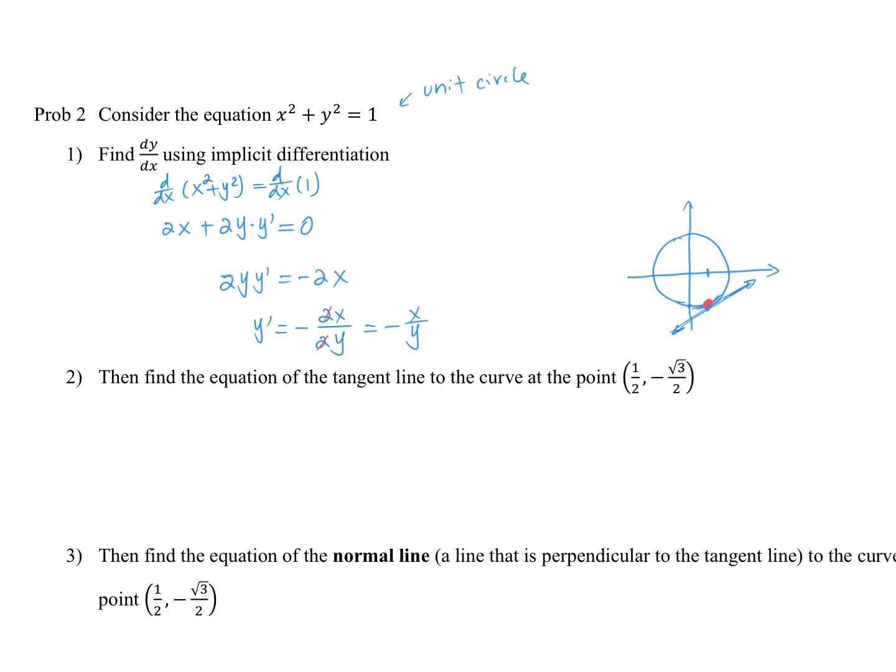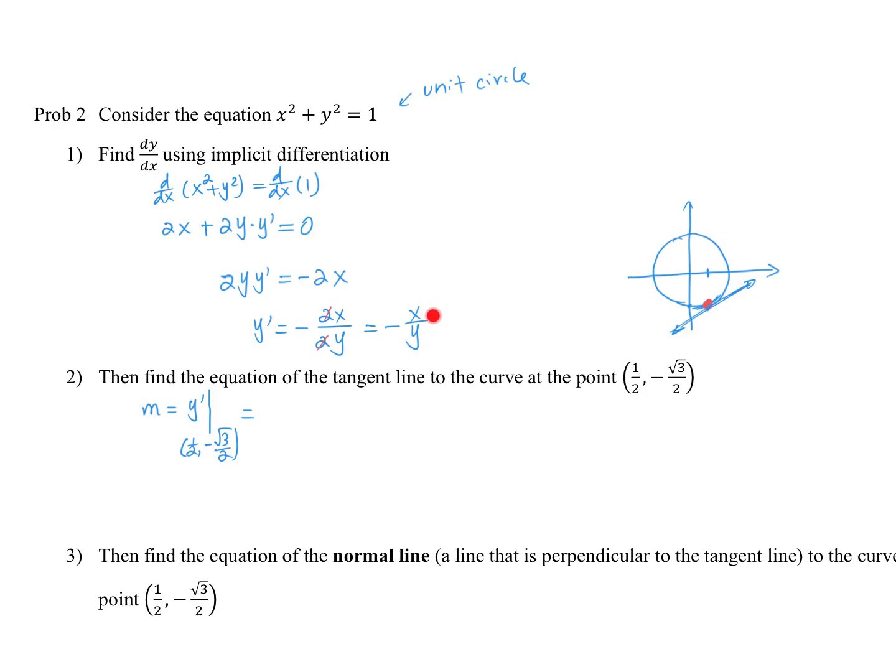We need the slope. We already have the point. So the slope is equal to the y prime. You will have to plug in the point. The x value is 1/2. The y value is negative root 3 over 2. And this is the derivative.